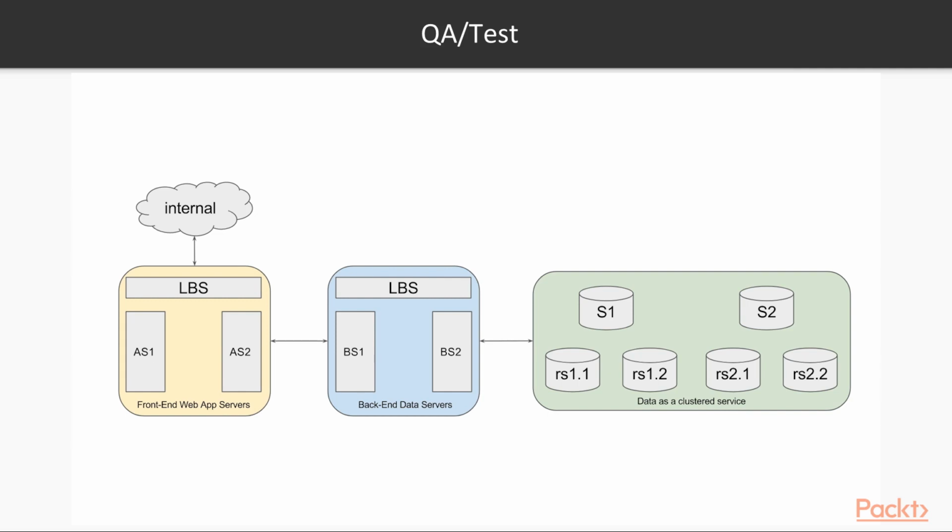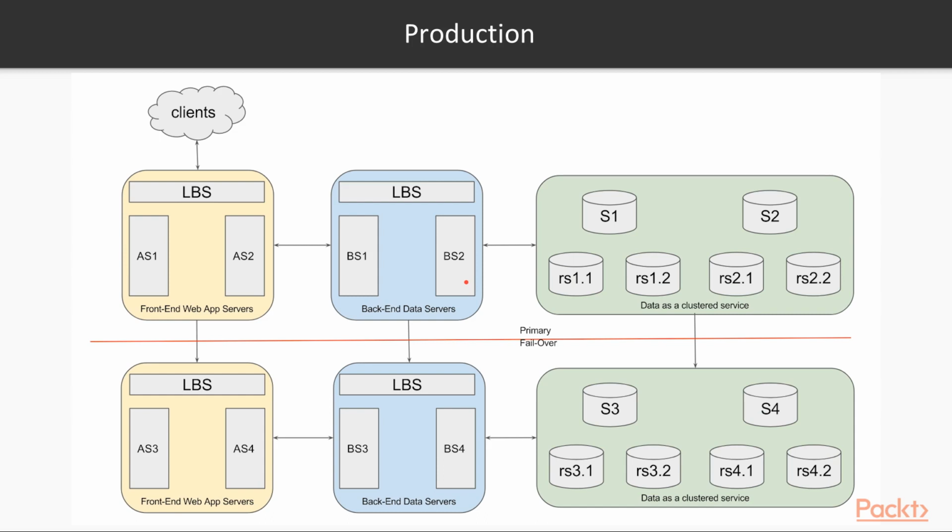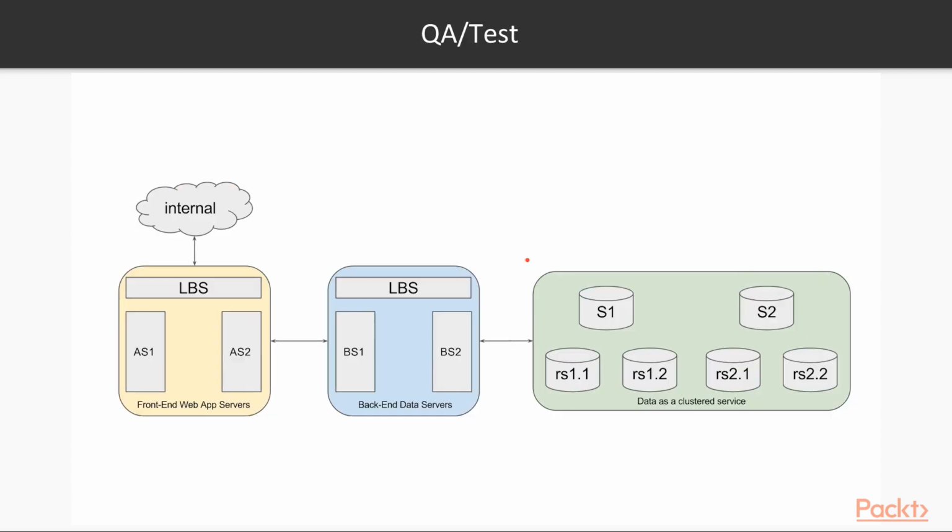Another distinction I want to make between QA environment and a production environment is that in a production environment, you would have auto-scaling enabled so that, for example, if you start to get crushed on the front-end web application servers, the scaling service will add new application servers to the load balancer as needed, and as load decreases, they can be taken offline. Whereas you obviously wouldn't have something like that in a QA or test environment.